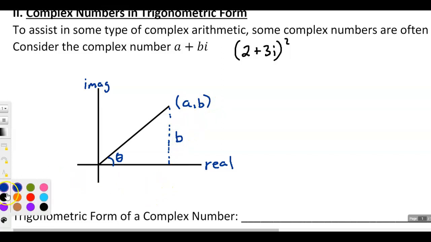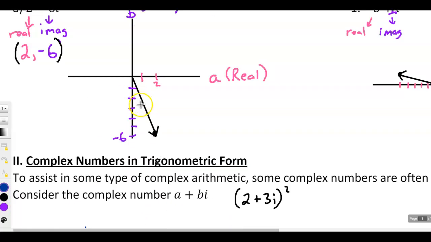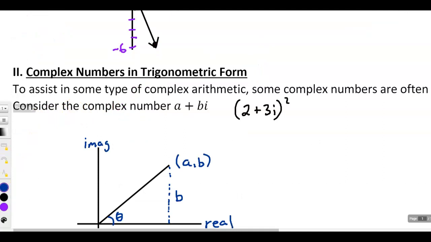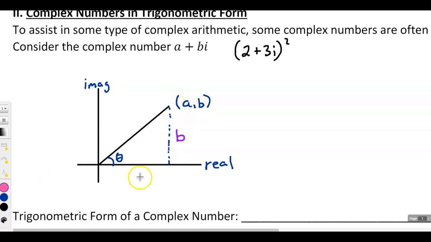And let me be consistent. What was I using before? Purple. And this, the run, would be the a value. So how can we write these a and b using some trig?